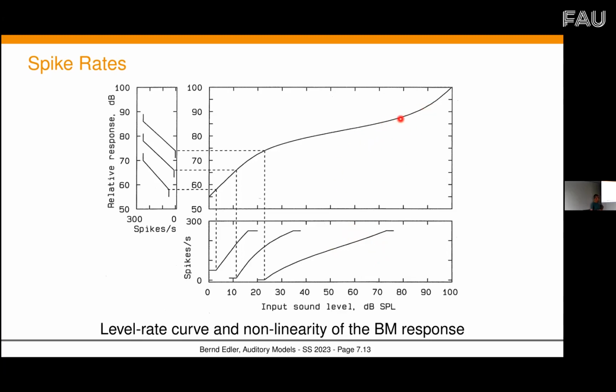There should be some kind of mechanism that they start firing faster with maybe input levels above 80 dB or something like that. Or it could be that more neighboring neurons would also be involved, because we know that this nonlinear behavior might make the width of the response increase, so that at high levels it might make the total number of spikes per second, which would be measured on the auditory nerve, increase again.